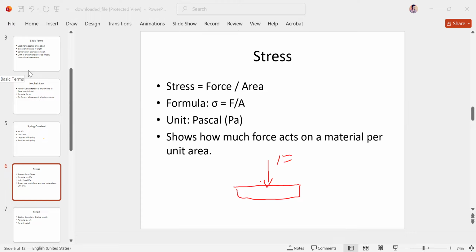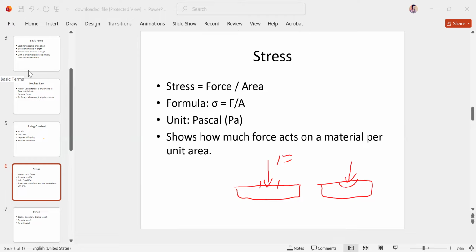And this area all around is 1 meter. So stress is produced at that point, and the shape will be changed like this. It moves down. Similarly, stress is equal to force over area: how much force we apply per area.